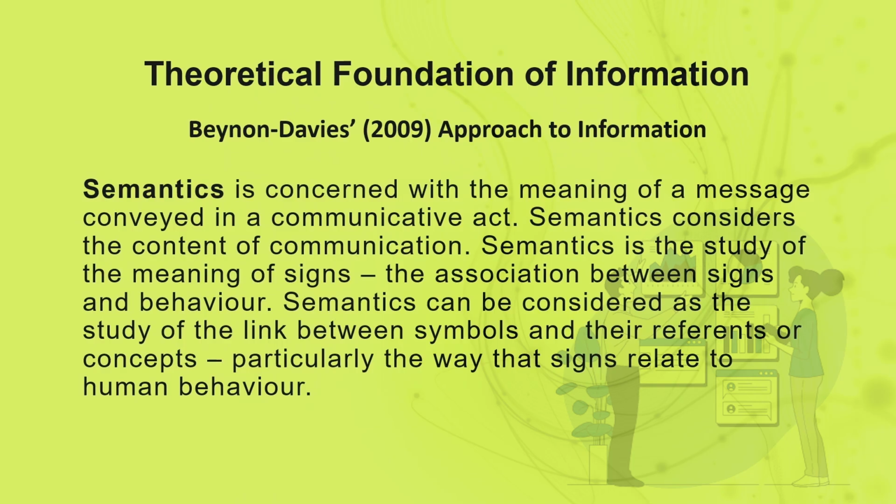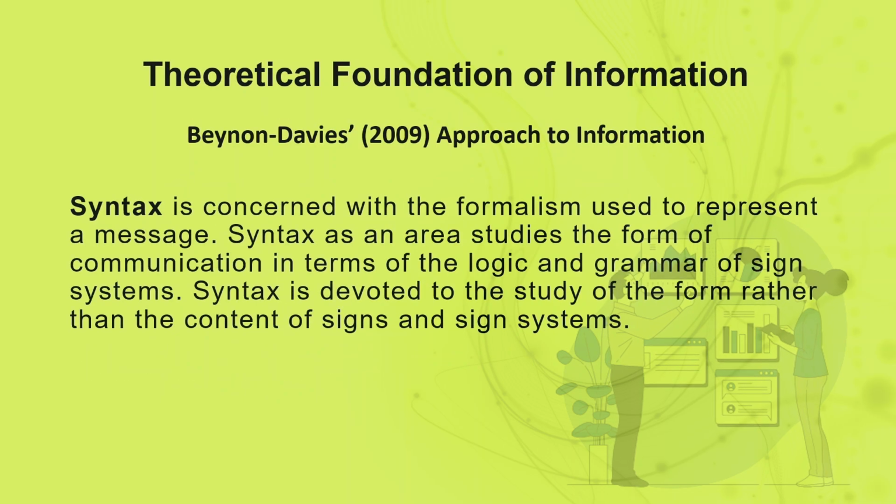Semantics is concerned with the meaning of a message conveyed in a communicative act, and semantics can be considered as the study of link between symbols and their reference and concepts, particularly the way that signs relate to human behavior. Syntax is devoted to the study of the form rather than the content of signs and sign systems.